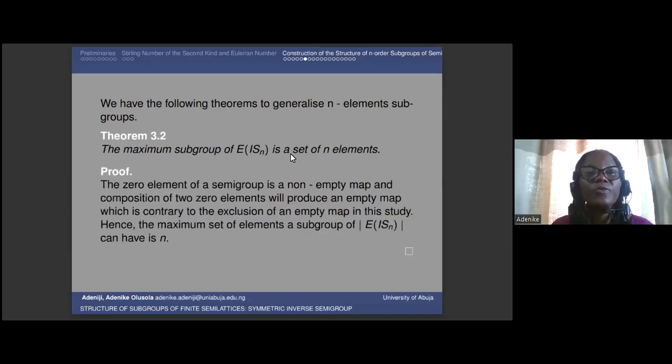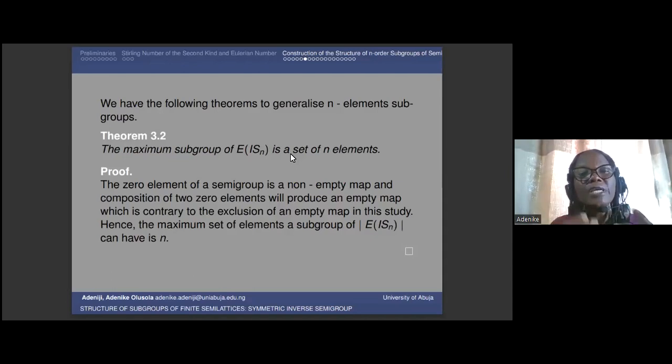And the proof is the zero element of a subgroup is a non-empty map. If the zero element of a subgroup is a non-empty map, we define our zero element here not to be empty because we exclude it.